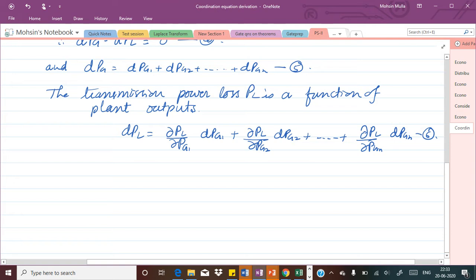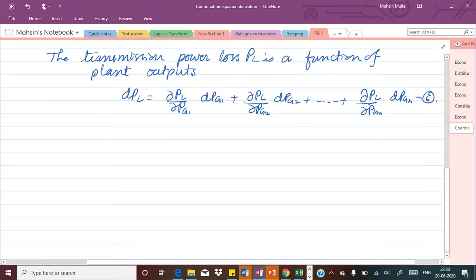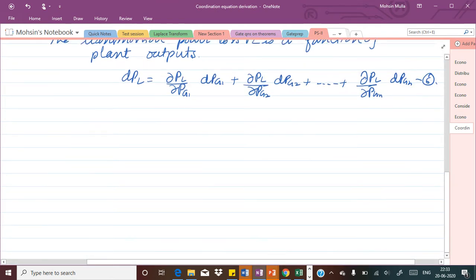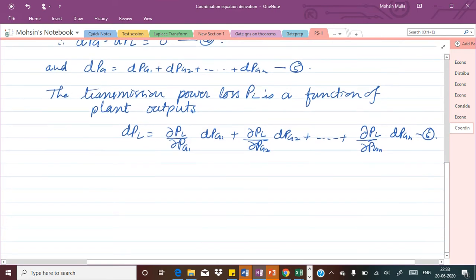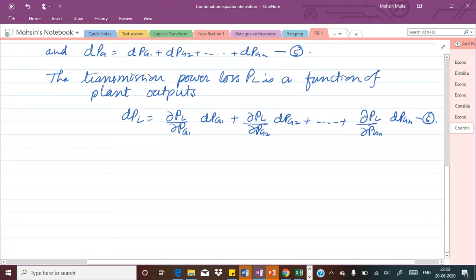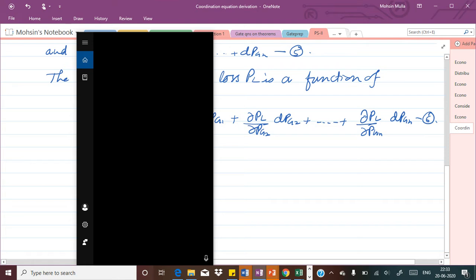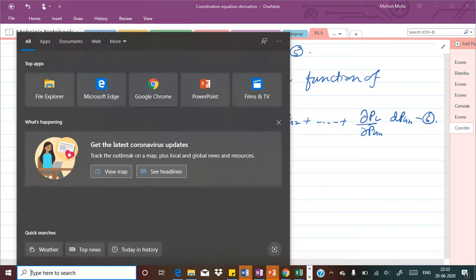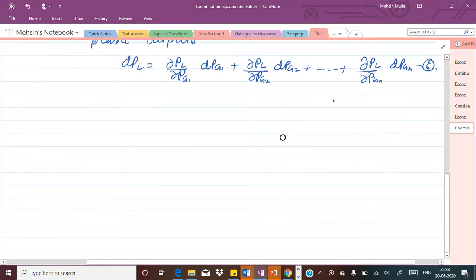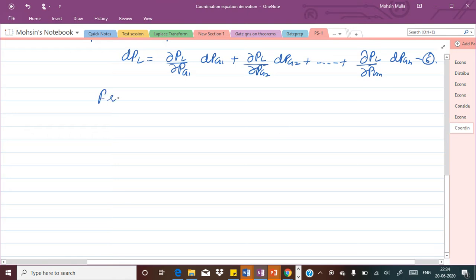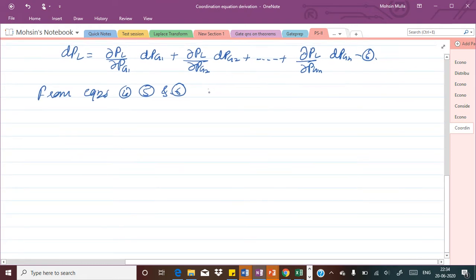Now from equations 4, 5 and 6 we have, by substituting equations 5 and 6 in equation 4, dPg minus dPL equal to 0.